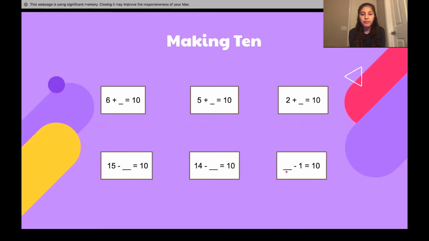And we have blank minus 1 equals 10. Now I want you to copy these down and then find the missing addend. Pause the video so you can find the missing addend and fill it out. Once you're done, hit unpause so that you can see if you got the same ones as me.